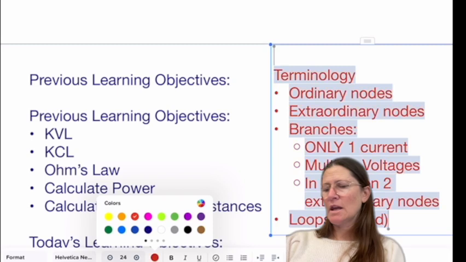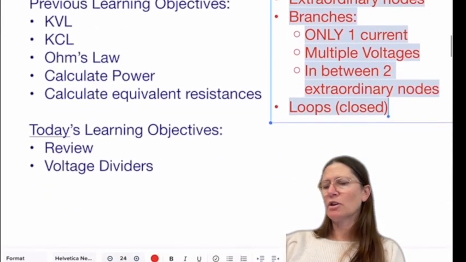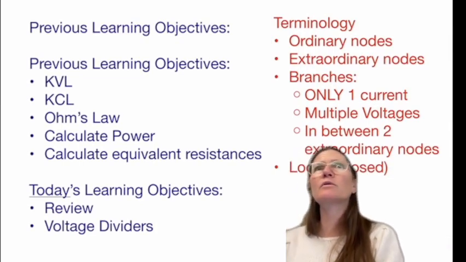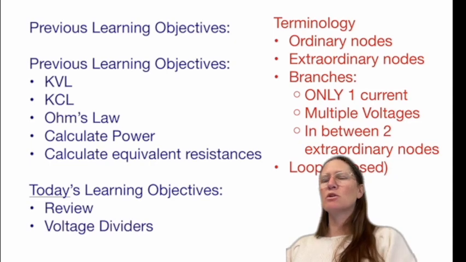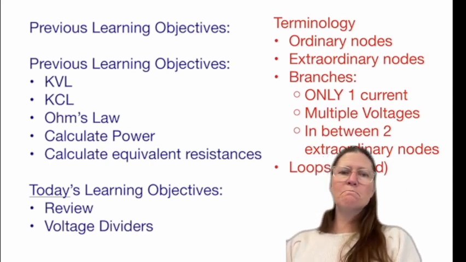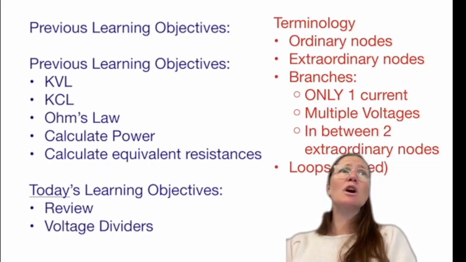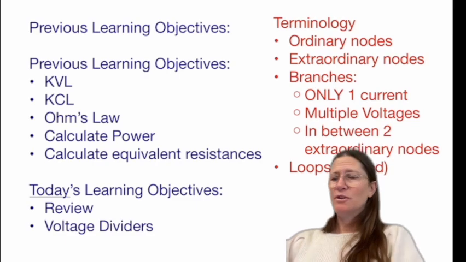We also went over calculating power, calculating equivalent resistances, so finding an equivalent resistance between an A and B node. And then today, as I said, we're going to review some of those and then go on to the new topic of voltage dividers.